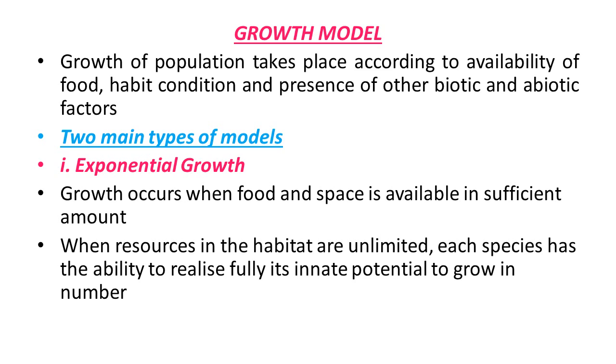If in a population of size N, the per capita birth rate is represented as small b, and the per capita death rate as small d, then the increase or decrease in N during a unit time period t, that is dN upon dt, we can calculate by an equation. So this is regarding exponential growth of a population.